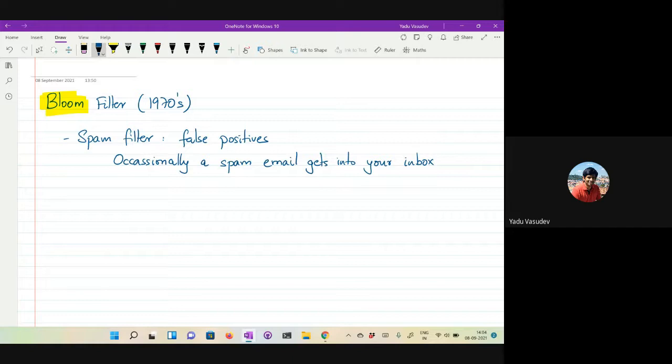That's what you mean by a filter. It's like a first level in, say, a multi-level hashing scheme. You want to say that certain elements are there in the set or not. Whenever it's in the set, you need to answer correctly. If it is not in the set, occasionally you can make a mistake. So that's what we are going to construct. You can think of it as an approximate set membership problem.